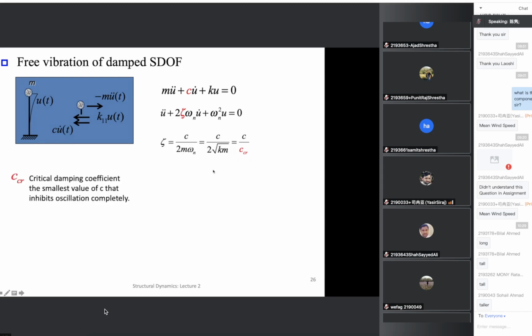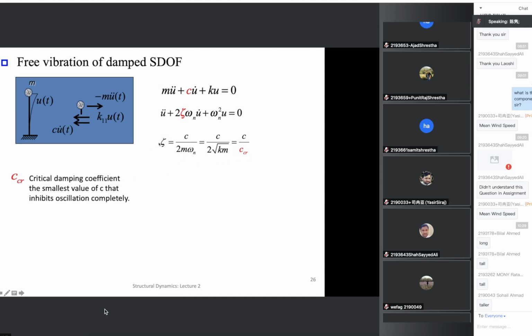C critical means the critical damping coefficient, which is the smallest value that stops the vibration. Which means if your system has a critical damping coefficient, C critical, it will not vibrate, no matter what the initial condition introduced. So this is the smallest value. This is the critical coefficient, and the C is the real one.